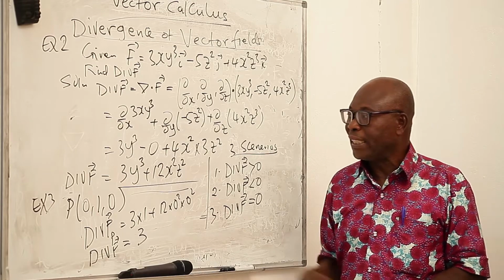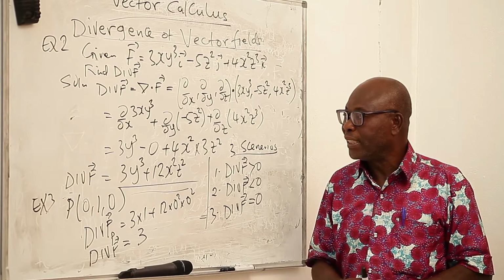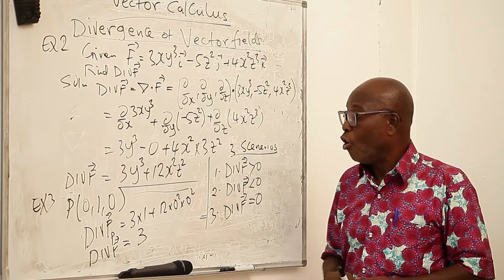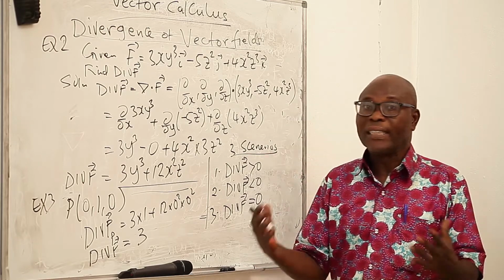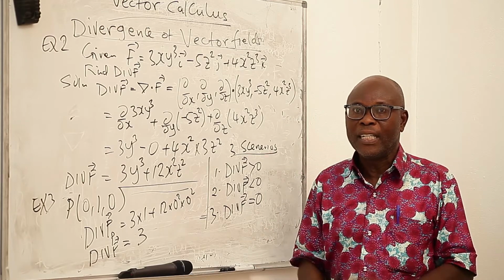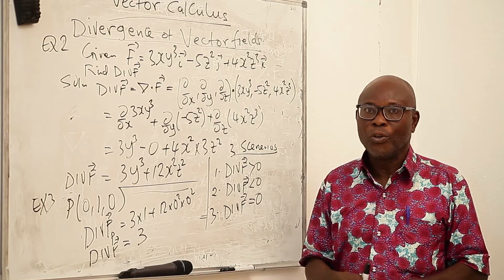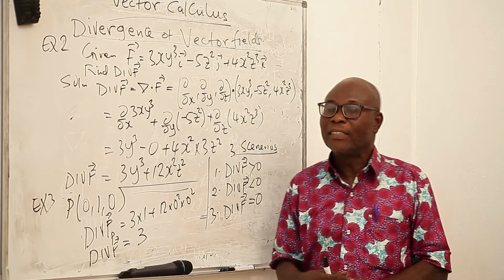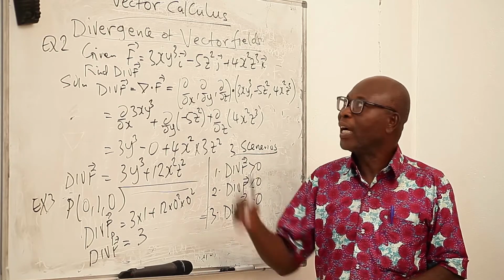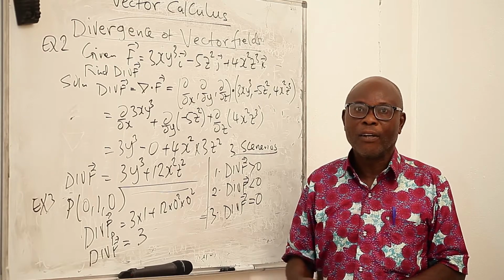And so that is how we demonstrate the values of divergence. So divergence can be positive, can be negative, and it can be 0. So we'll see you in the next video where we'll look at curl of vector fields.